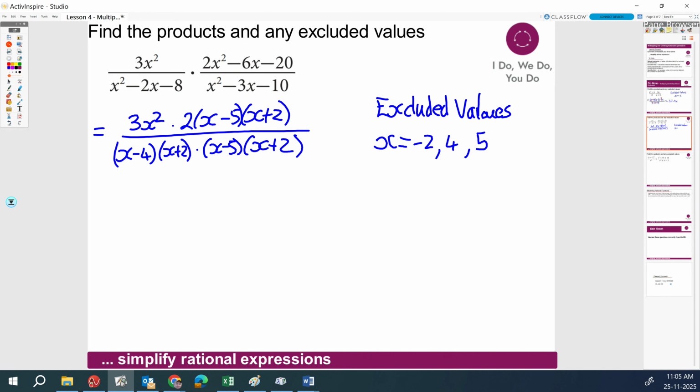These are our excluded values. So we can cancel now. This is going to cancel these two, and we're going to be left with 6x squared over x minus 4, x plus 2.